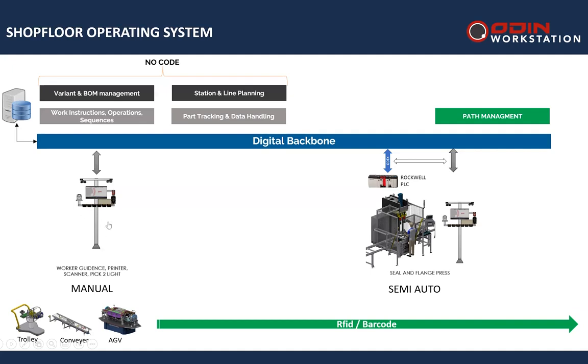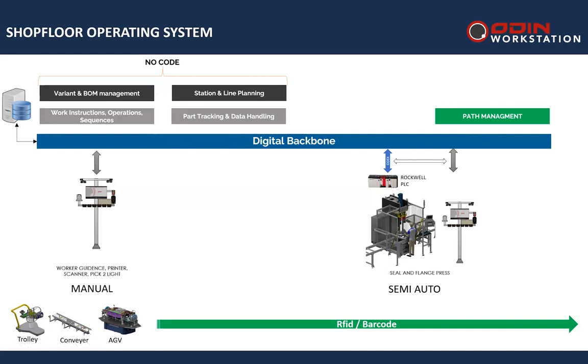If everything was okay, it is then enabled or allowed to work in the next station. If there was something wrong in this particular station, and for some reason that trolley or AGV ends up in this station, it will be disabled and the process will not be allowed to continue. So that's the data handling, the part tracking, as well as the path management.